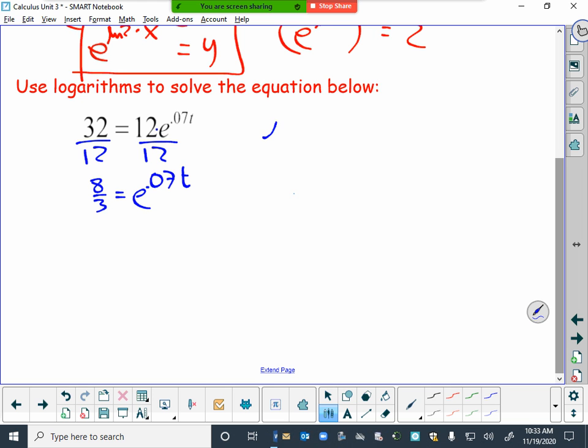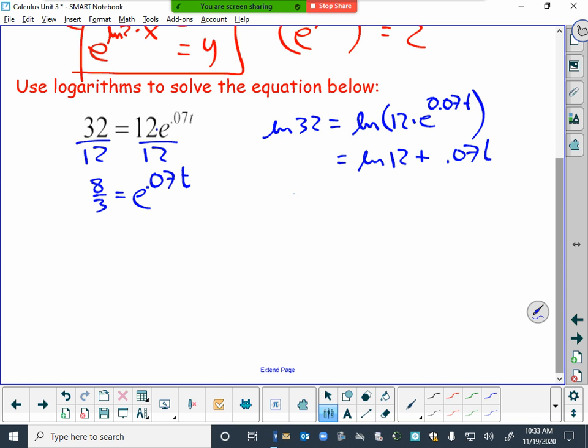If you tried to just hit this in the beginning with a natural log, 32 equals natural log of 12 times e to the 0.07t, you can do that, and people tend to go that direction, but then they forget that this is a natural log of a product. So this becomes natural log of 12 plus 0.07t equals the natural log of 32. And then they have to subtract this over there before they solve for the t.